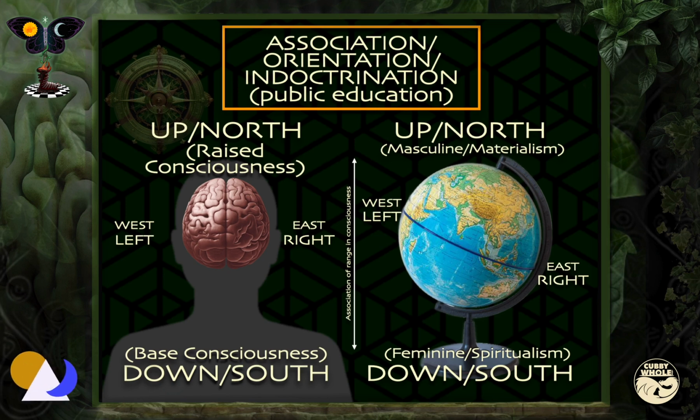So we have to understand the association, the mental connection between the idea of consciousness and the poles of Earth. It's a vital interpretation. It's vital to see the orientation, to see the association, and how we view the Earth in our minds in correspondence to our brain and consciousness.